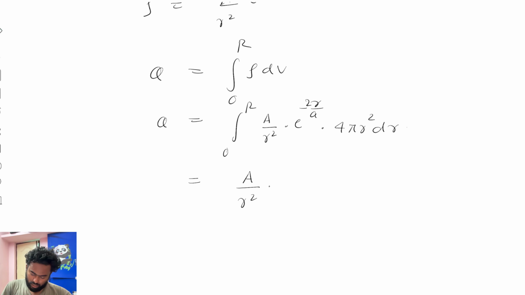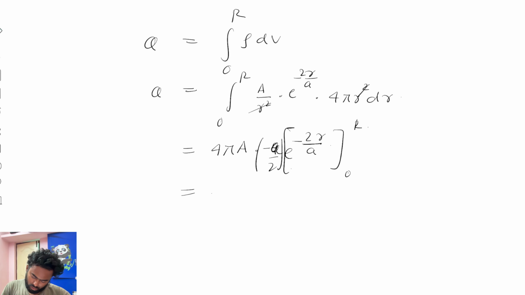A by r squared, r squared cancels, 4 pi a, integrate it, so e power minus 2r by a. Okay, so what will we divide by? Minus a by 2, because that is the coefficient of r, and that will come out.